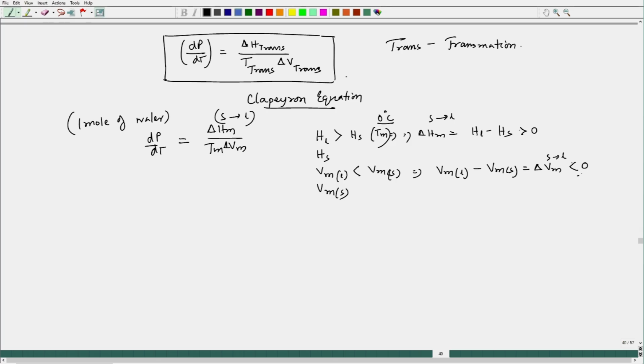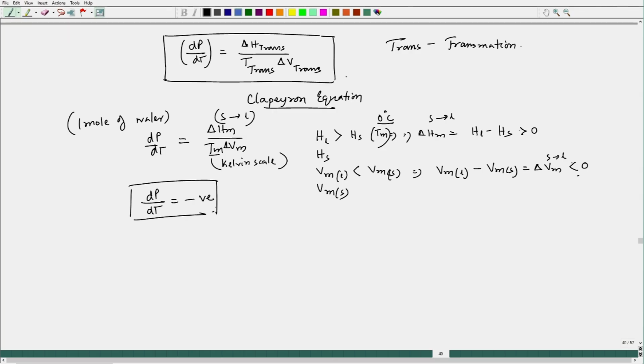So, that means it is negative. So, then this slope becomes, Tm is a melting point and this Tm is in Kelvin scale, remember. Okay. So, if time permits, we will talk about why it is to be taken as Kelvin scale. So, this slope becomes negative.